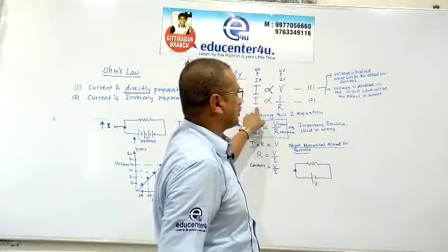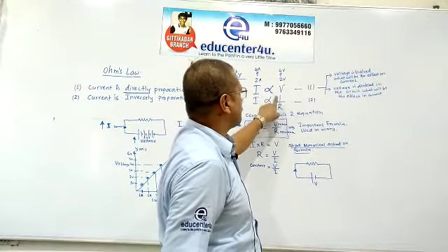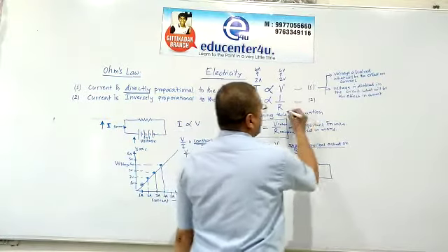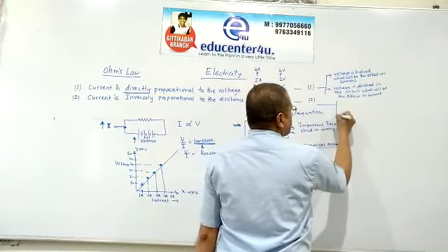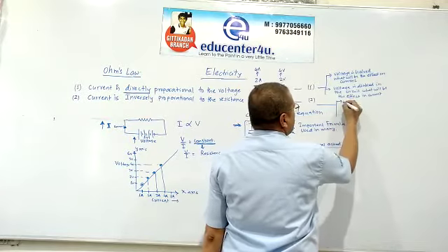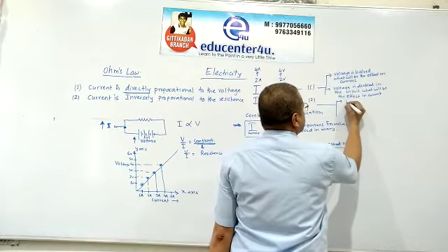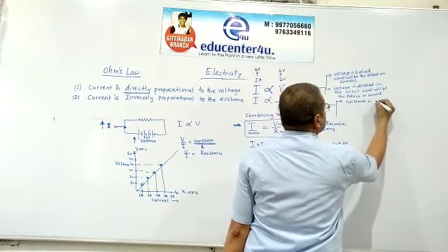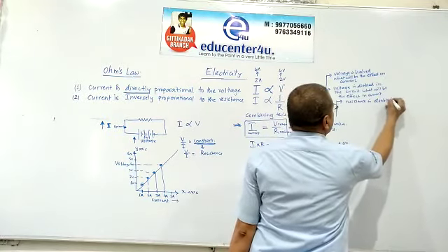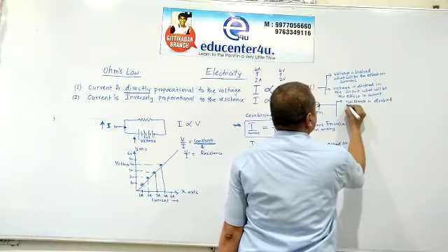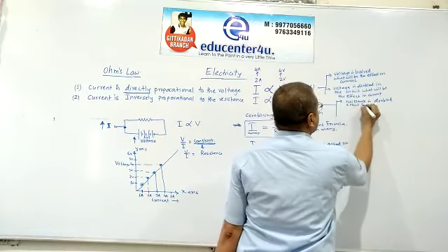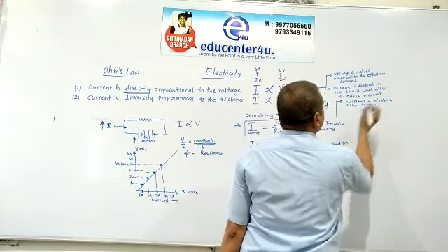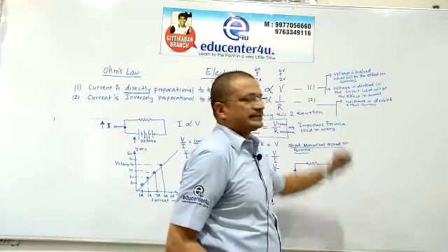Similarly, in the case of I being inversely proportional to R, from the second equation it will be asked: if the resistance is doubled, what will be the effect on the current in that circuit?